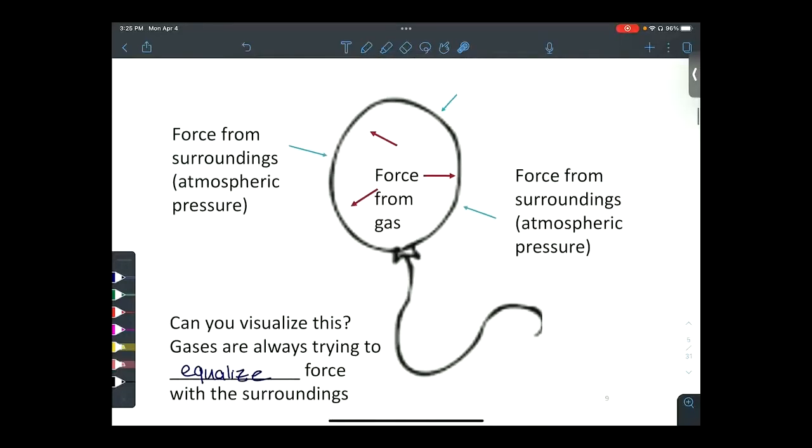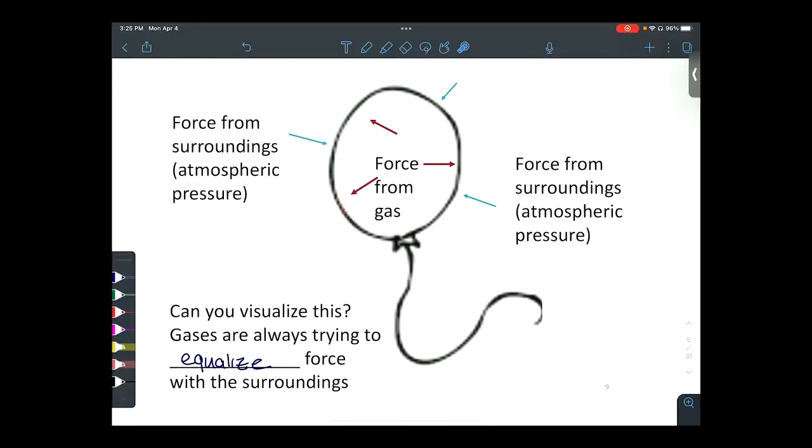When we think about gases in general, like a sample, say a balloon with a gas inside of it, it may change its shape or change its volume in order to equalize the pressure, the forces being acted on it on the outside of the balloon. So there are forces in the surroundings. Those forces can come from a lot of different places: temperature, external pressure, those types of things.